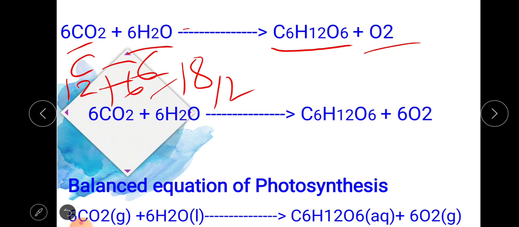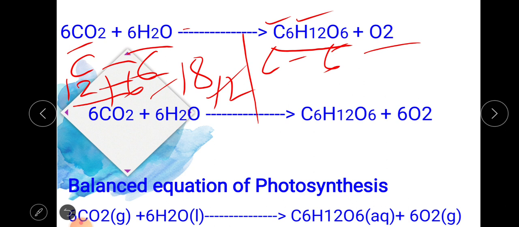It is the same on the product side, so we check once. Carbon 6, correct. Hydrogen 12, correct. But oxygen on the reactant side is 12 plus 6, and here only 6. We need 18 here. So what to do to make it so?